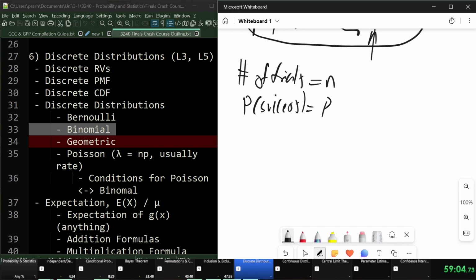Binomial can show up in a bunch of different places, but to apply a binomial distribution, there are two main criteria that have to be satisfied. Number one is that every single trial is independent of any other trial. When you flip a coin, the fact that you flipped it the first time shouldn't change the probability for the second flip. That would not make sense. So I'm just going to write independent trials.